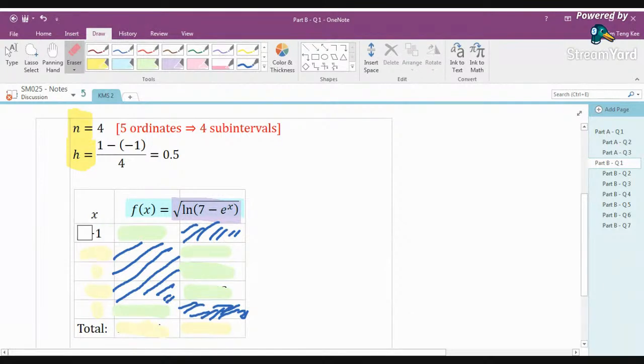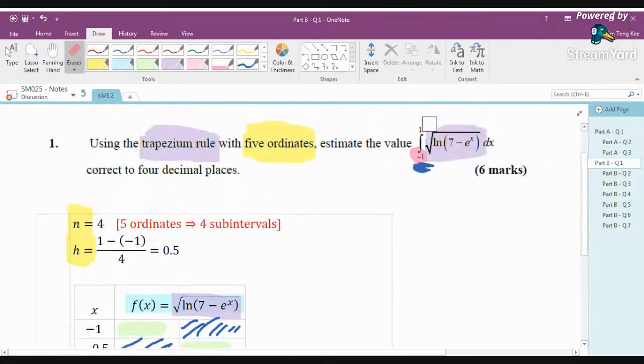The next value, we take minus 1 plus the h value, 0.5, then plus 0.5, plus 0.5, plus 0.5, and so on. So the last value refers to the upper bound of the integral, which is 1 in this case.